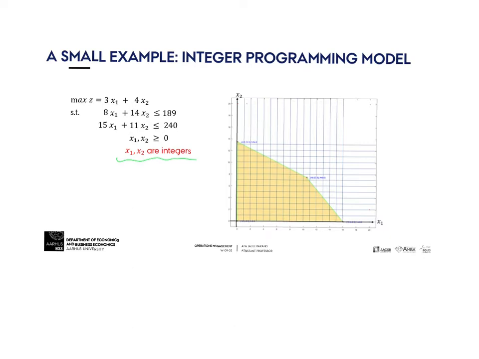Of course the original constraints and the non-negativity constraints also hold, so your feasible region is still the yellow area. However, x1 and x2 have to be integers. So basically, your decision should just be some points inside this yellow shaded area.